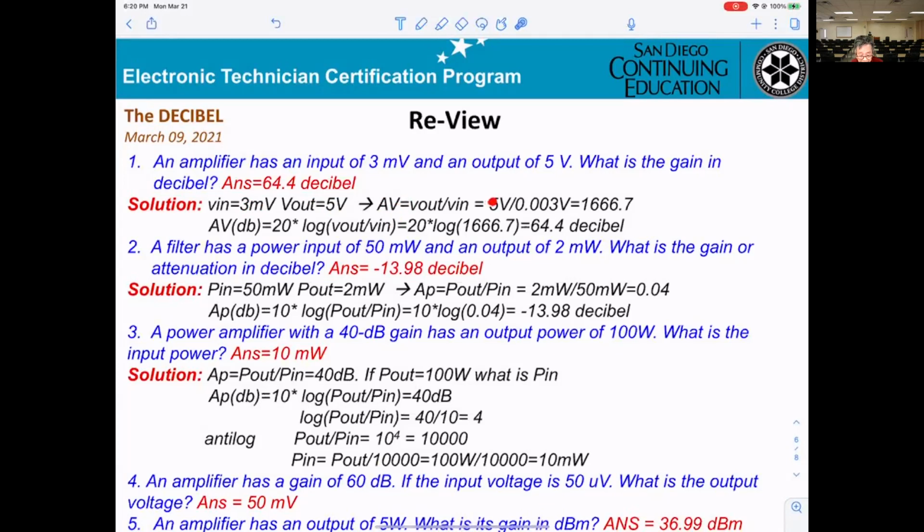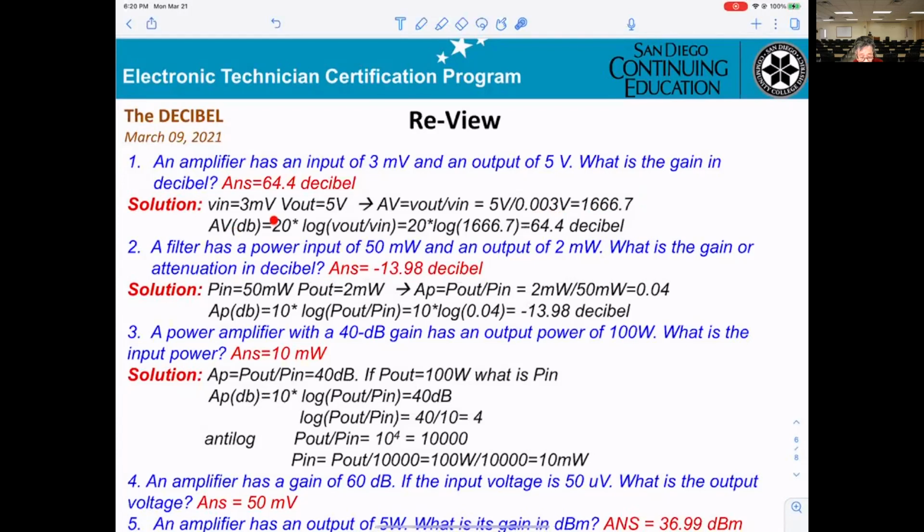So that's why you get 5 volt divided by 3 millivolt, converting to volt, it will be 0.003 volt. You get 1666.7. Okay. And now you take the gain of the voltage in dB.